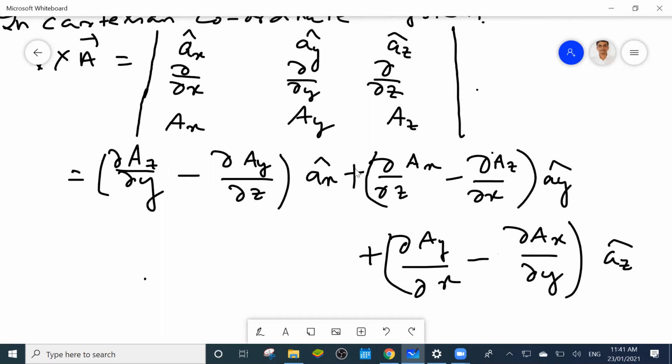If the second term is minus, then you have to write minus into del Az by del x minus del Ax by del z. If you open the bracket, this becomes plus term and this becomes minus term. So I write all the terms as plus terms, that's why I keep the back diagonal element first, then the main diagonal. Okay. So always try to keep all the plus terms by only reversing that multiplication.